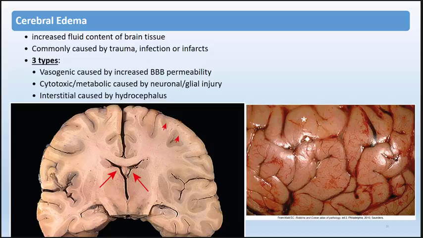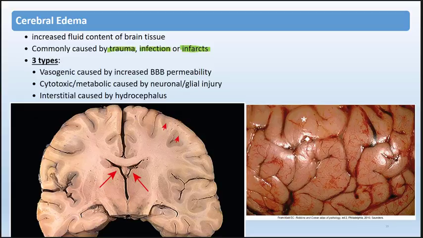Now, this increase in fluid can either be extracellular or intracellular. In terms of when it can occur, it can occur if there's some sort of brain insult, let's say some brain trauma. If there's an infection, it can lead to cerebral edema. If someone suffers from an infarct, some of the pathways that occur can lead to edema. If somebody has a hemorrhage within their brain, it can also lead to cerebral edema.